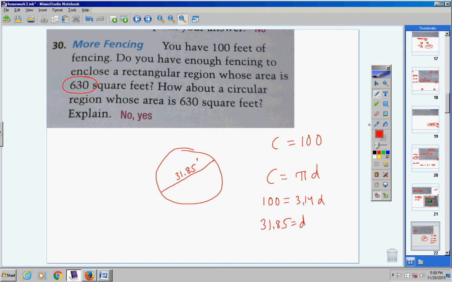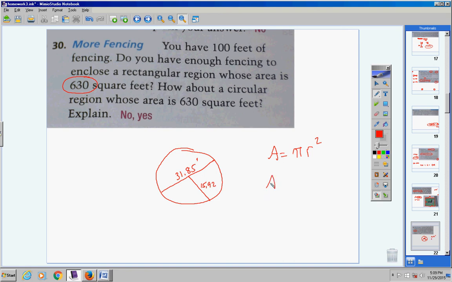How do you find the area of a circle? Well, the last time I checked, the area of a circle is pi r squared. So I have to know the radius. So if my diameter is 31.85, then my radius is going to be 15.92. Half of this right here, 15.92.